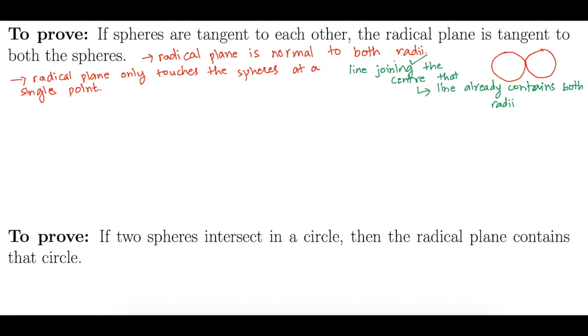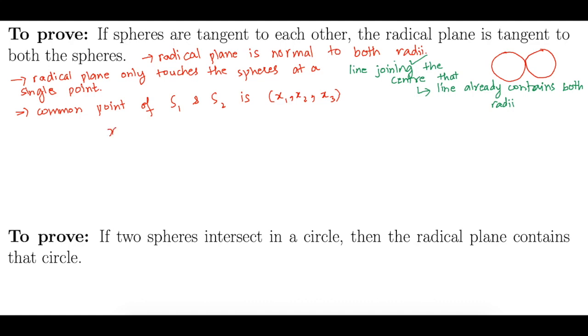Okay, so since these two circles touch at one point, let's say a common point of S1 and S2 is x1, y1 and z1. This means it will satisfy both the spheres' equations.